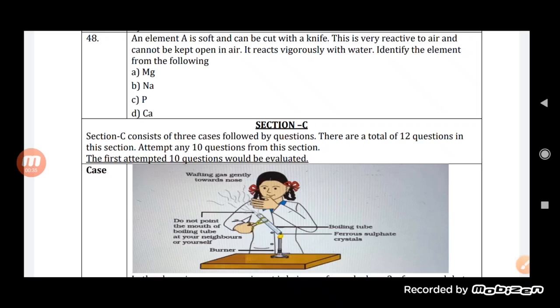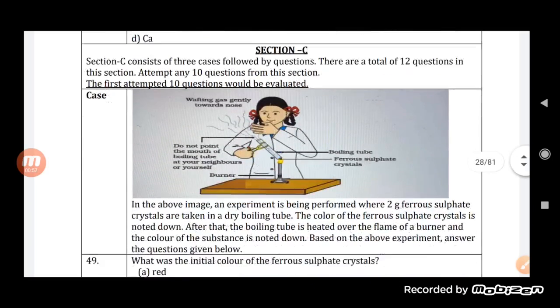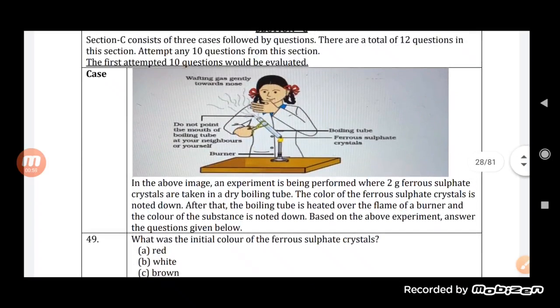So section C basically consists of three cases. These are case study questions followed by other questions. There are 12 questions in this section, and we have to attempt any 10 questions from this section. Now the case is, as you can see in the picture.